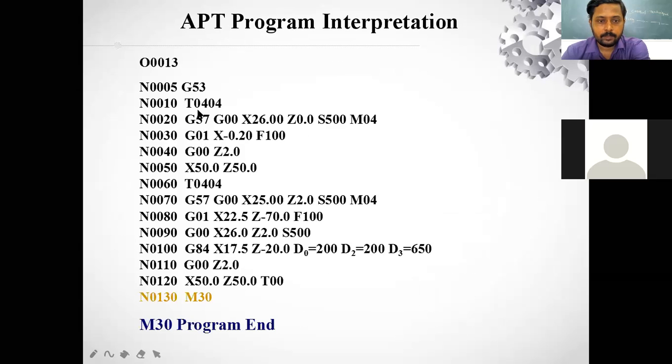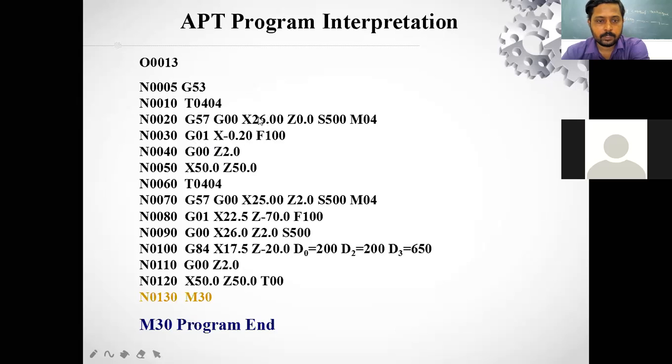Then you can call it as T0404. Third step, you just go through this and we will interpret later on. G57, G00, X26, Z0.0, S is RPM 500, M04.